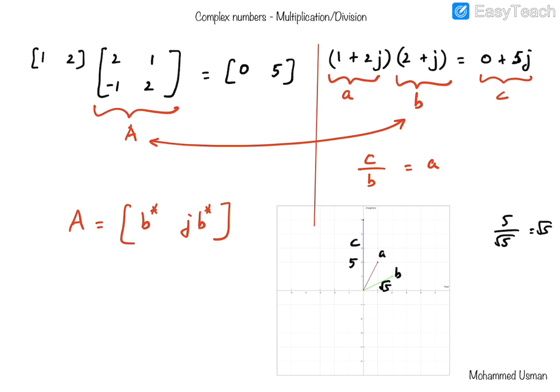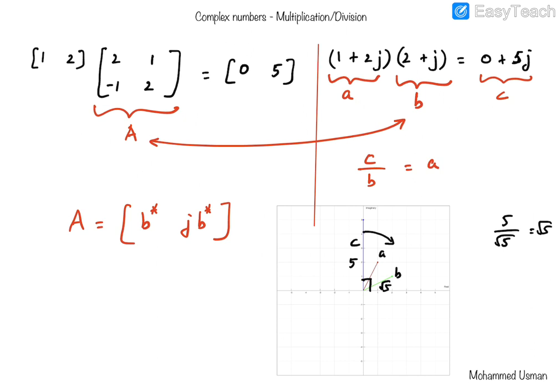And similarly, in terms of the rotation, when we divide c by b, c, which has an angle of 90 degrees with the positive real axis, and b has an angle of 26.57 degrees. As a result of this division, c will get rotated in the clockwise direction by an angle equal to the angle that b makes with the positive real axis.